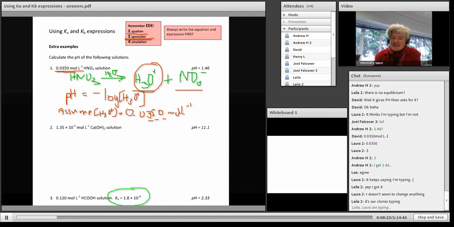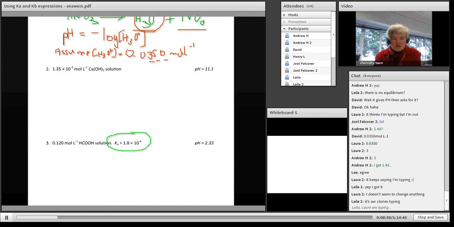Okay, so that's a straightforward question. It's pretty much a level 2 question. Okay, let's do this one. Now, I hope you remember from your 3061 or from our solubility that our calcium hydroxide is actually not very soluble at all.